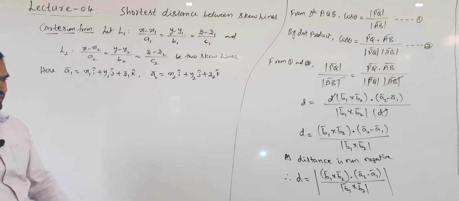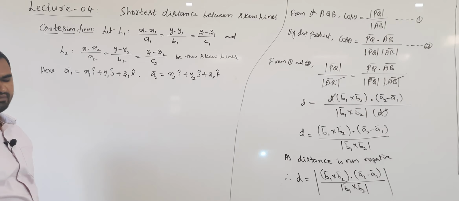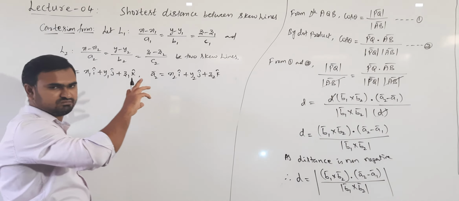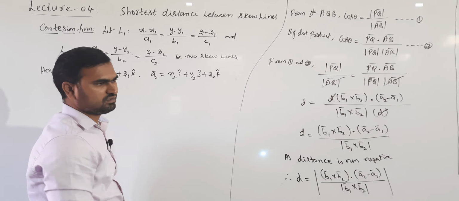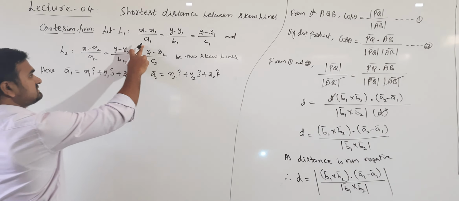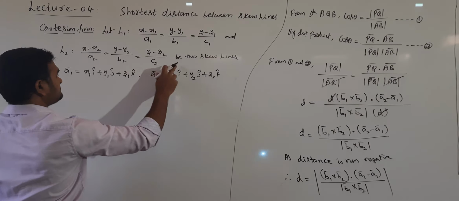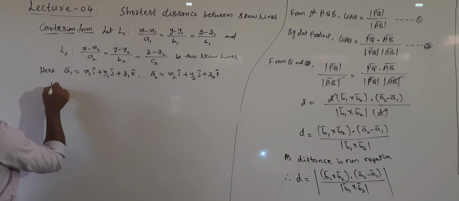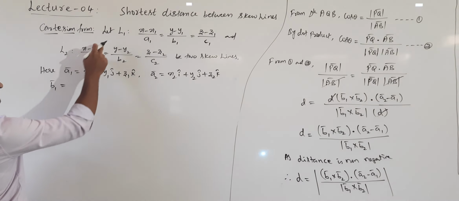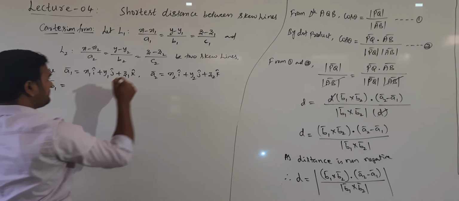Next, b1 bar, b2 bar. So what are b1 bar, b2 bar in vector form? They are parallel vectors. Now parallel vectors with drs a1, b1, c1, a2, b2, c2. So what is b1 bar? I can write parallel vector means with drs a1, b1, c1.